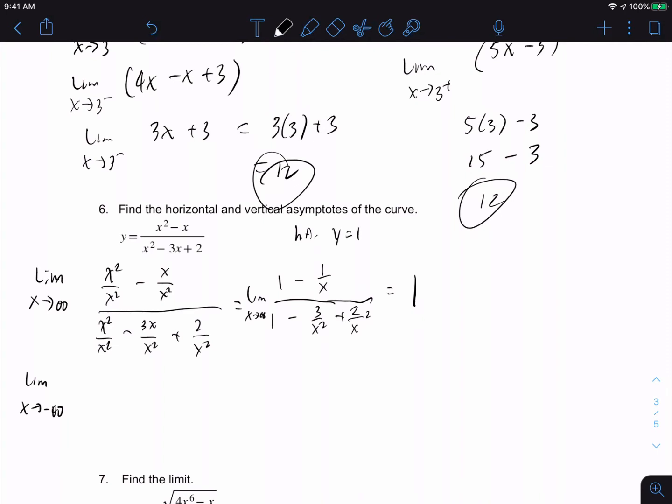Now, I need to confirm that going to the negative side is also checked. And the process ends up being the same, unfortunately, for this problem. I should come up with a problem where the answers are different, which is totally possible.